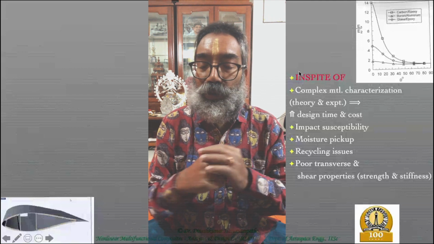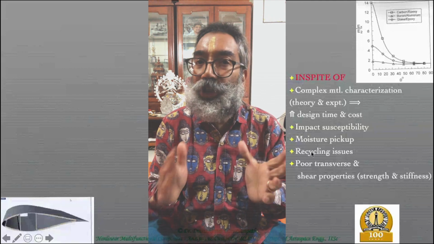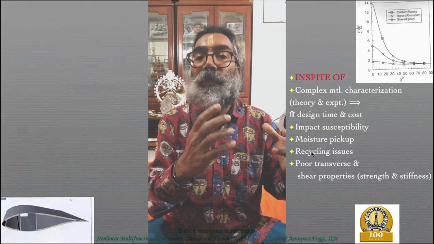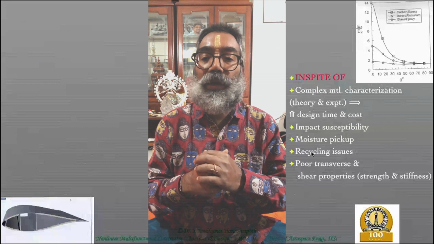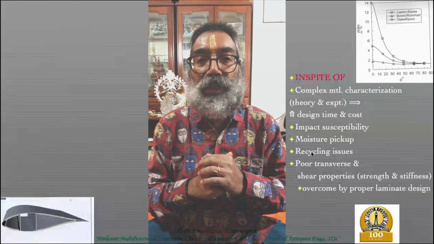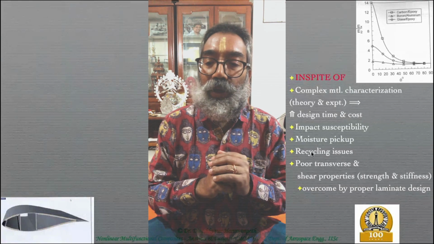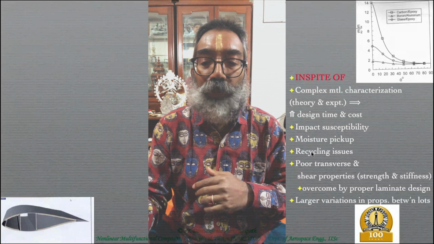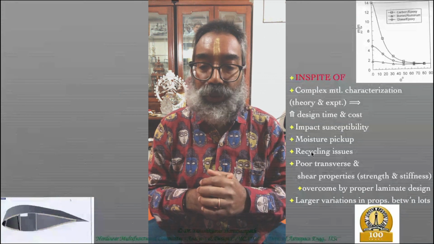So even though all of these are issues, design ingenuity and the ability of the composite to be tailored to a particular design has helped in avoiding or at least relegating many of these issues. As I said, poor transverse and shear properties are overcome by a proper laminate design.